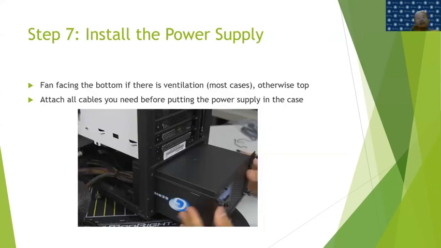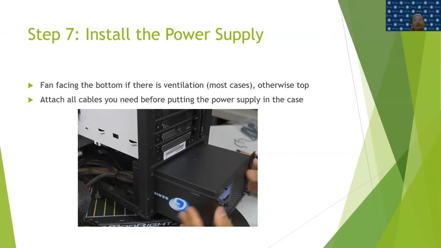Then we're going to next install the power supply into the case, and generally the installation for the power supply is quite different, although this is one example. But one thing you'll want to pay attention to is that your power supply will have a fan, and there will be an option for that fan to either face the bottom of the case, as it is shown in the picture, or the top of the case.